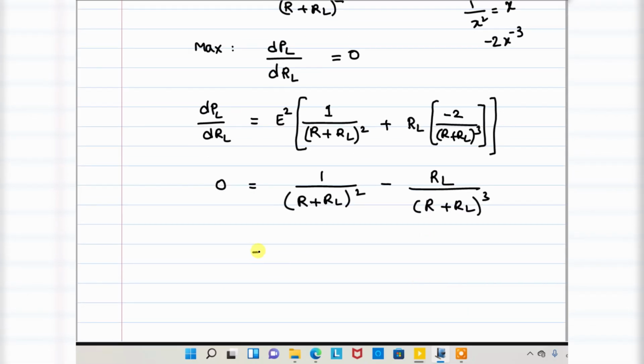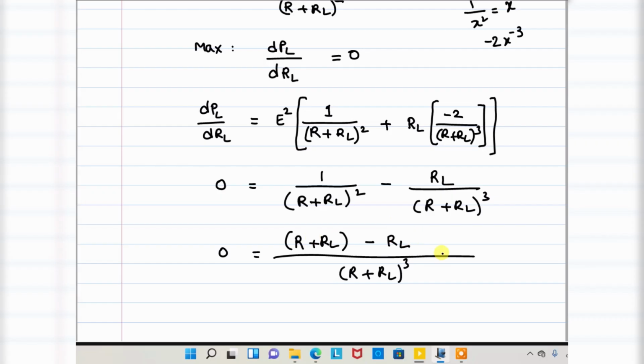The LCM is R plus RL cubed, so one factor gets R plus RL, and the other term is RL.